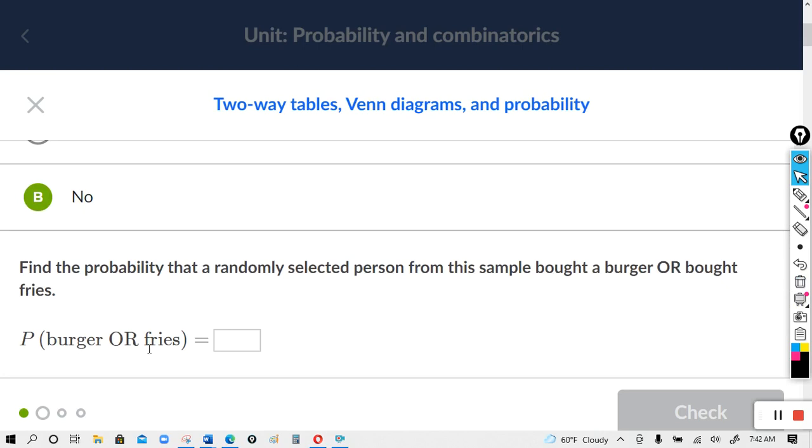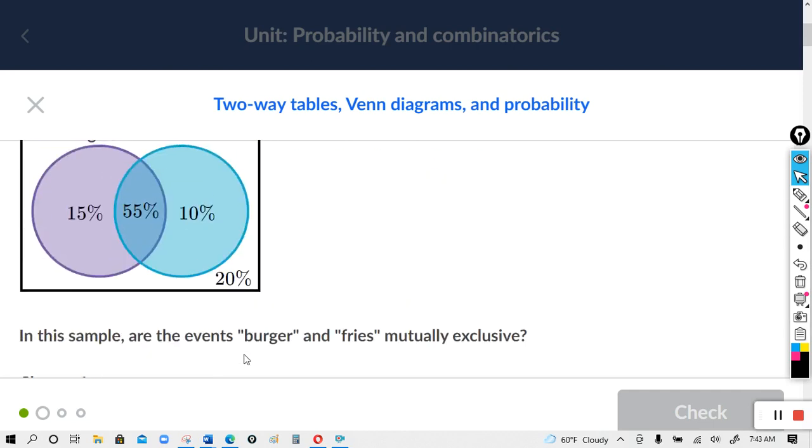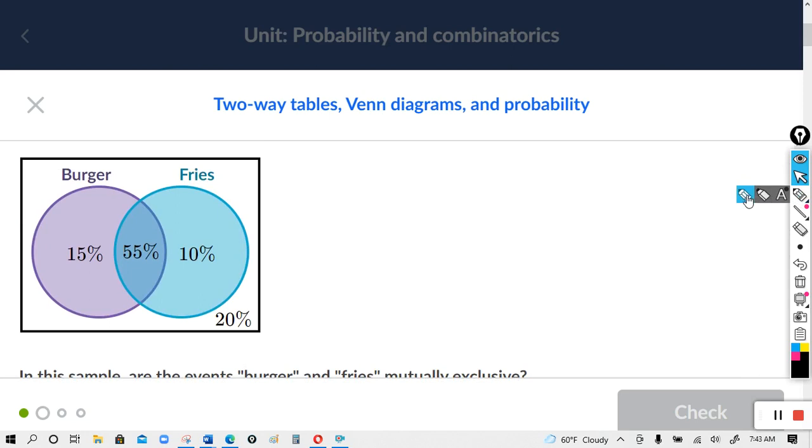And then find the probability that a person bought burger or fries. Basically, you have to subtract the overlapping part. There are two ways to do the burger or fries probability. So the probability of burger or fries: we know this whole diagram represents 100%, and we have 20% of the people that didn't purchase burger or fries.